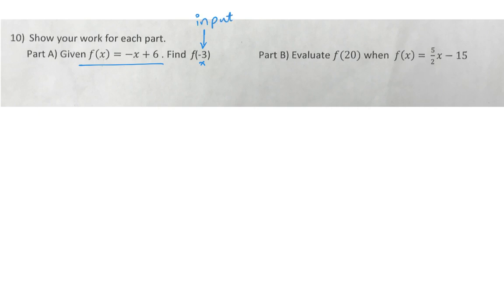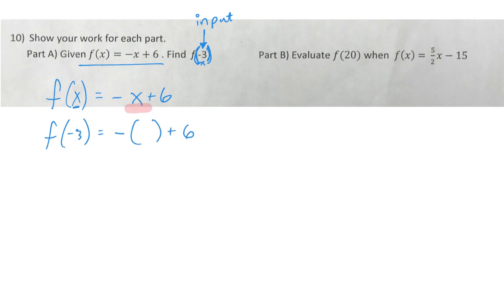So I'm going to take this f function, and like it looks here, I'm going to switch out that x, replacing x with negative 3. That's my new input. So f of negative 3 is going to equal, and anywhere I saw that x, I'm going to replace that with negative 3.